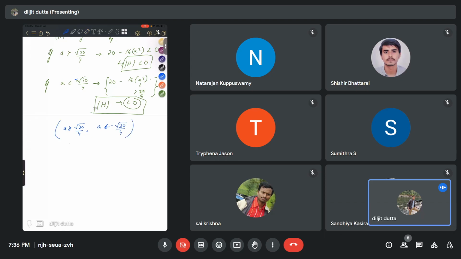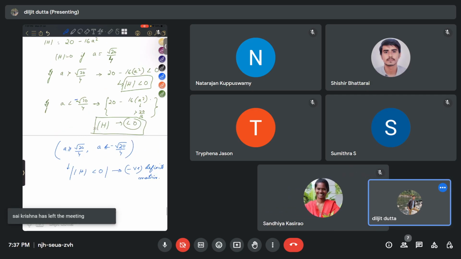In that case, the determinant of the Hessian matrix is less than 0, and we'll get a negative definite matrix, and if it is a negative definite matrix, we will have a concave function.